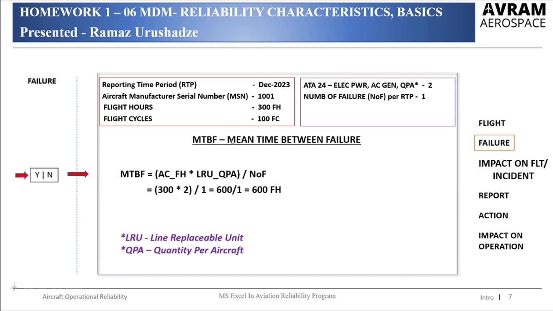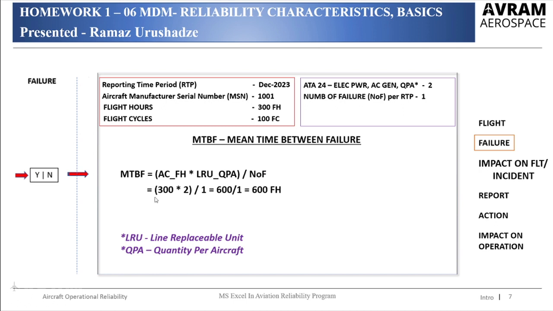We have to calculate mean time between failure. In numerator, we have LRU flight hours. And to calculate LRU flight hours, I'm multiplying aircraft flight hours, December 2023, by LRU QPA. In denominator, we have number of failures.